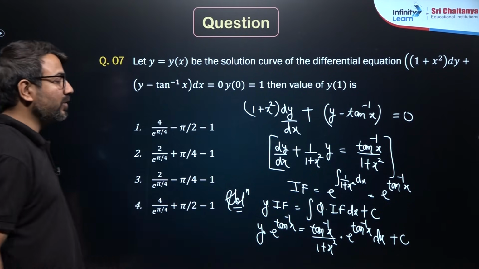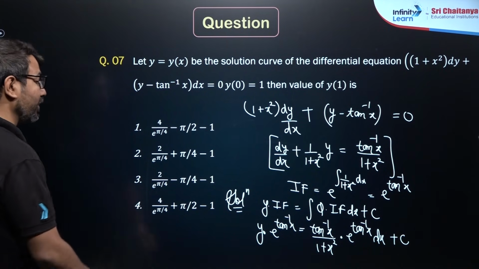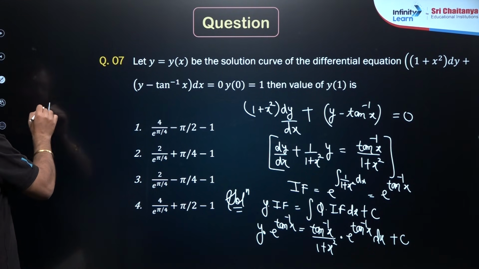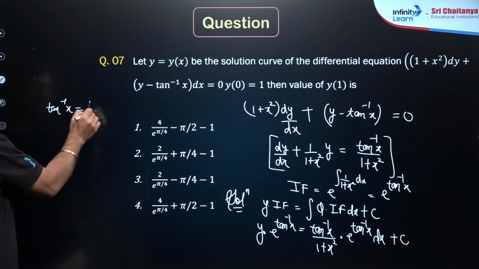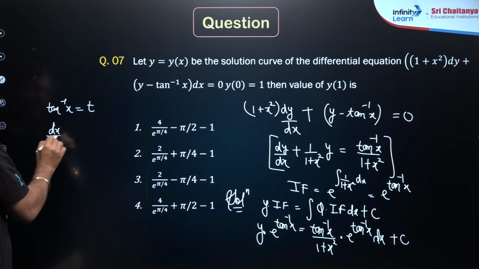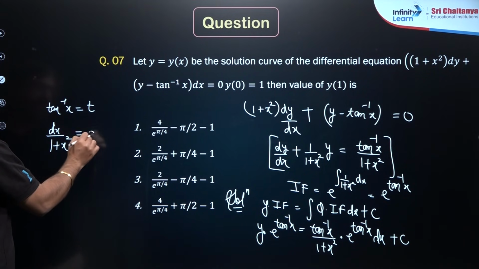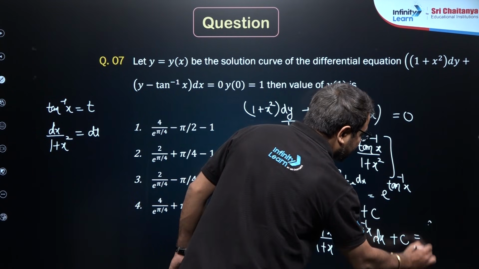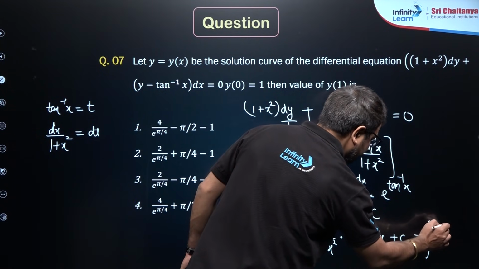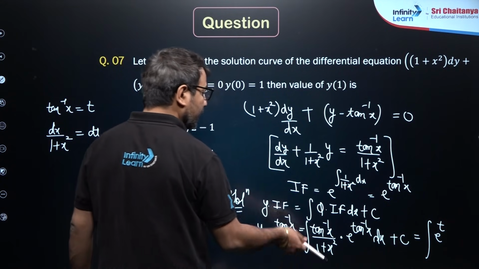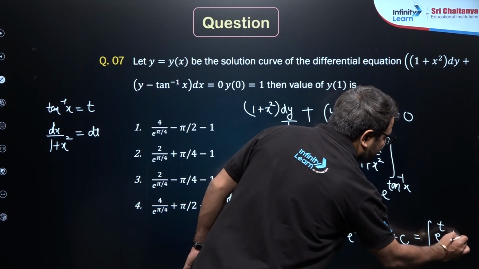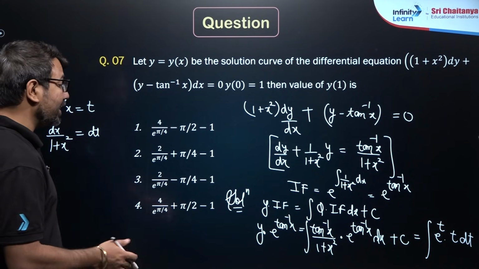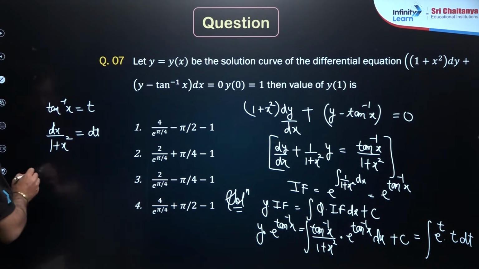Now what we need to do, we can write tan inverse x as t, then dx over 1 plus x square will be dt. So here this integration will be converted to the right hand side e raised to the power t into t dt. So here you will apply integration by parts, and then that will be converted to the final result.